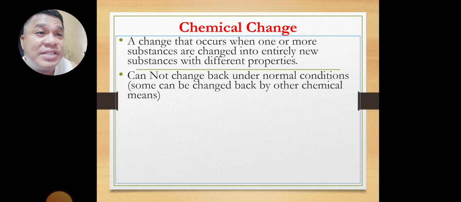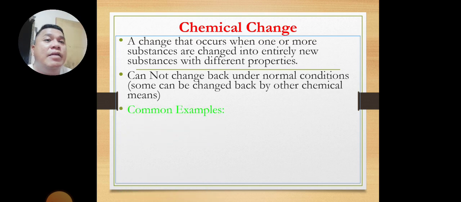So meaning to say, when there's a chemical change, under normal conditions, even if we try evaporation or distillation to regain its condition or state, it will never happen. Maybe under not normal conditions, if you undergo a reaction, it will go back, but normally it will not. So it cannot change back under normal conditions, and some can be changed back through other chemical intervention, by chemical means.